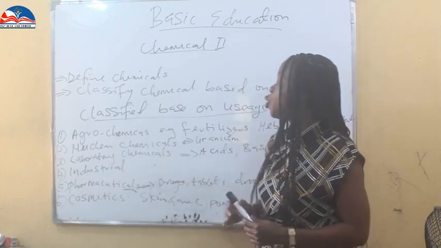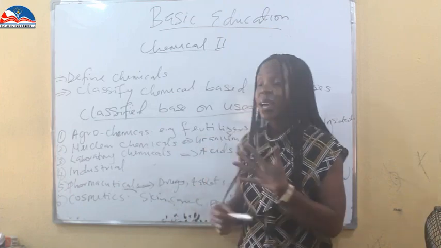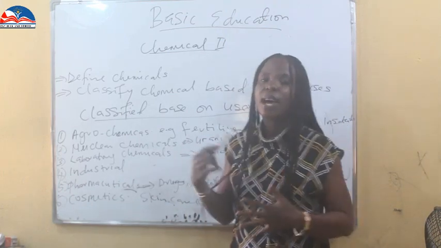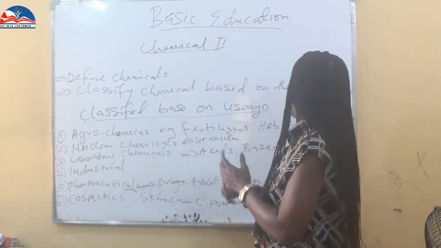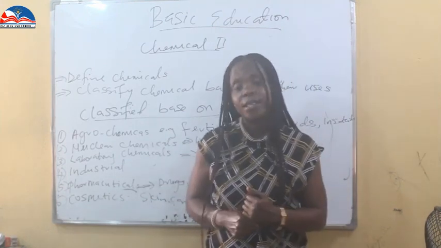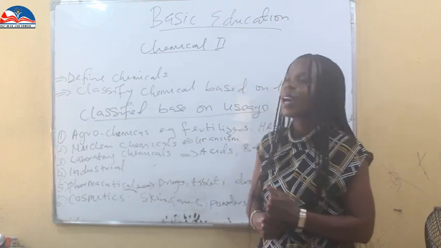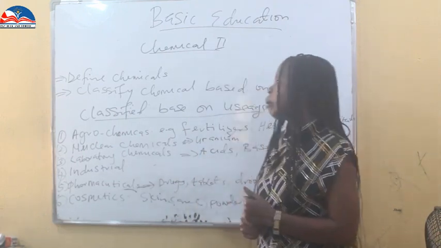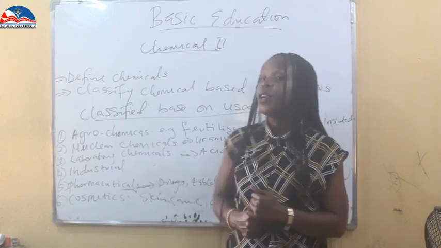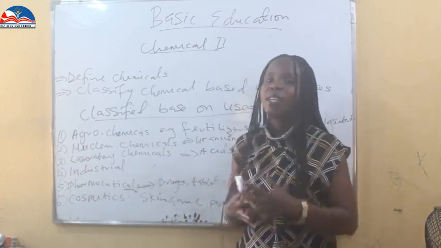We've seen it is used for agro products, fertilizers, herbicides, insecticides that kill insects. Then we have the second one, nuclear chemicals, uranium, that can be harmful.